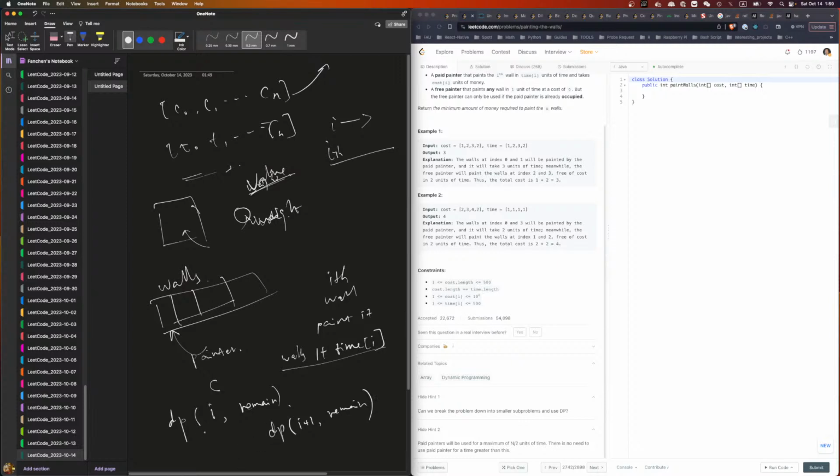Or if I paint the ith wall, then I have a cost with dp also from I plus 1 to the end, but with remain minus 1 minus time I. So will be something like this.